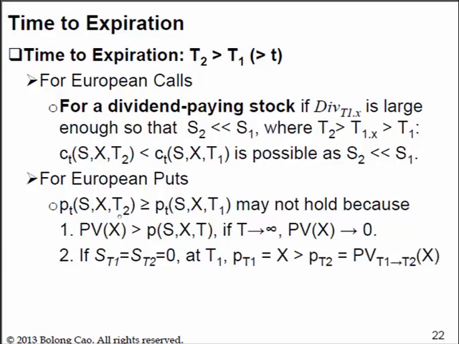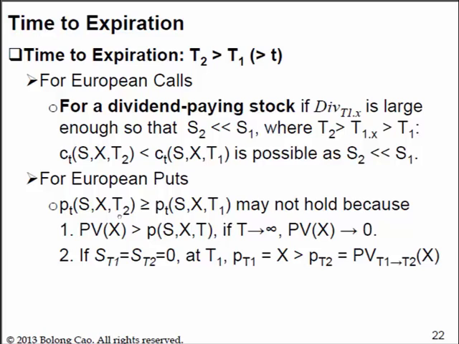And then with the longer maturity date, you have to wait to receive the strike price at T2, a further away expiration date. Compared to T1, you can receive the strike price with the put option that has an expiration date of T1. On T1, you already received the strike price. But for the option with T2, you have to wait until T2 to receive the strike price, and then you have to discount that to T1.